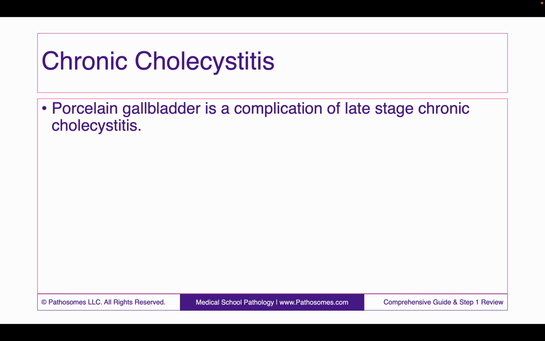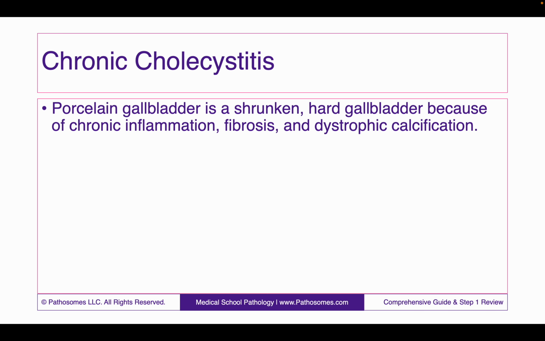Now this is important. You'll be asked about this. A porcelain gallbladder is a complication of late-stage chronic cholecystitis. Porcelain gallbladder is a shrunken, hard gallbladder because of chronic inflammation, fibrosis, and dystrophic calcification.